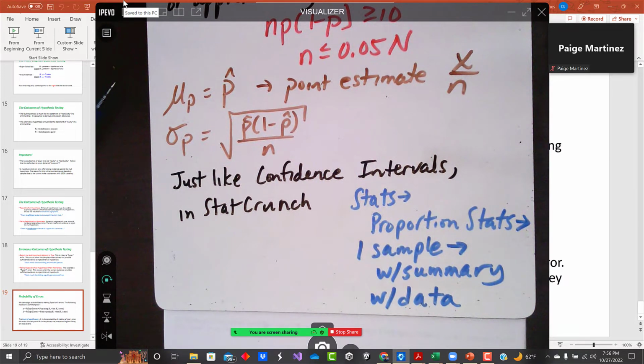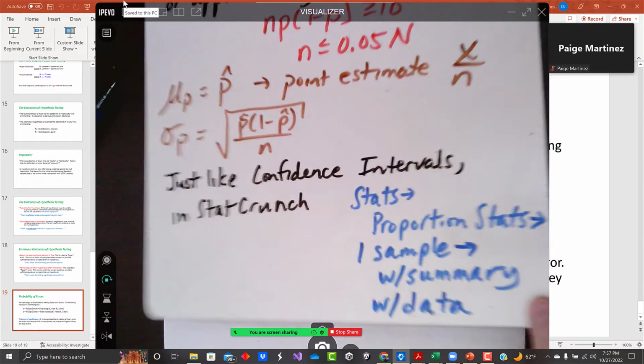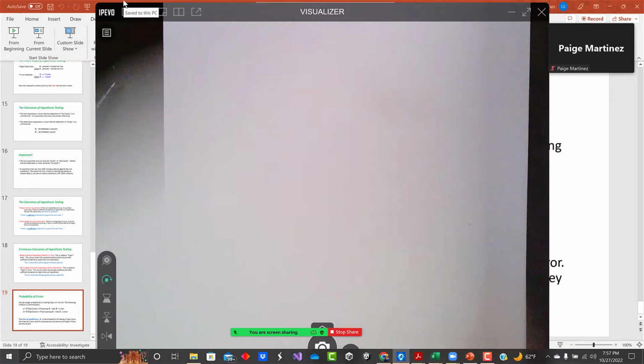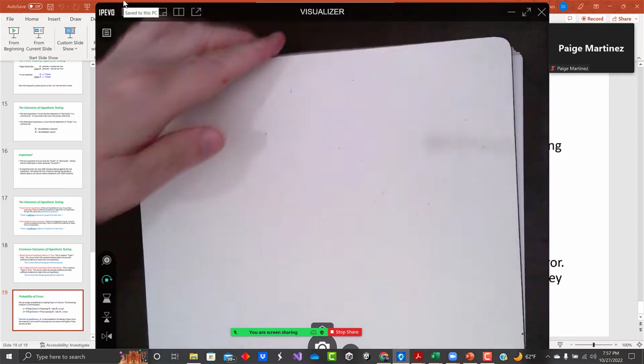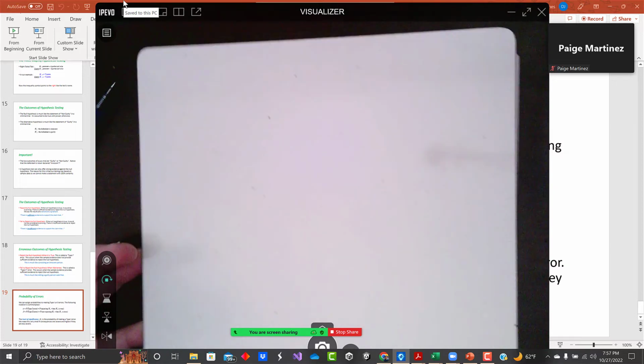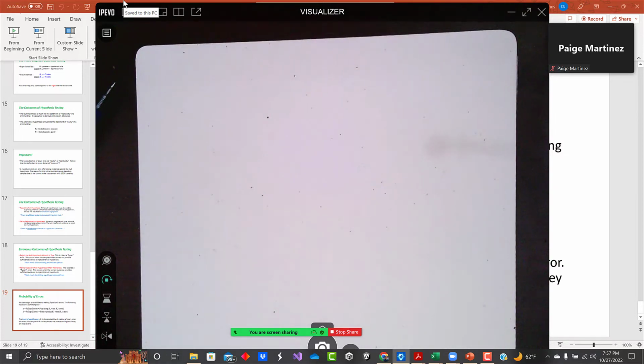Okay, you guys ready for an example? This is from actual data from last year, last fall. So the math department really wants to make sure we're giving students the education they want in the format they want.